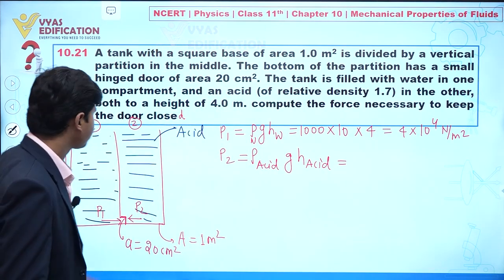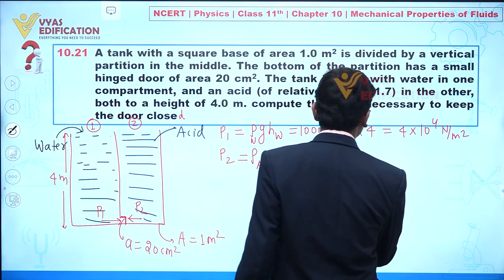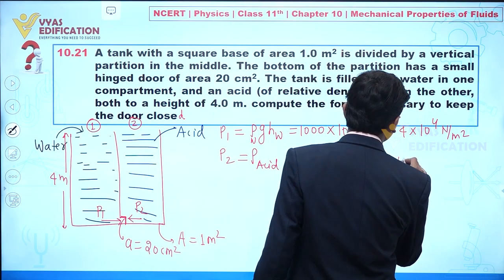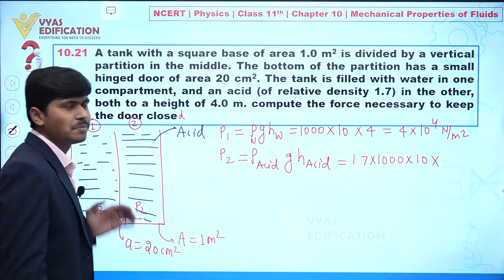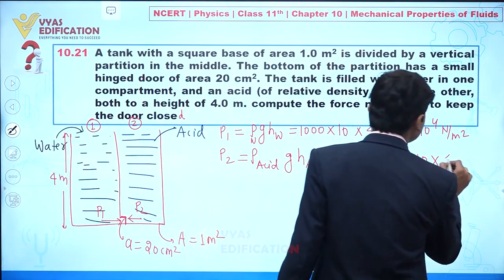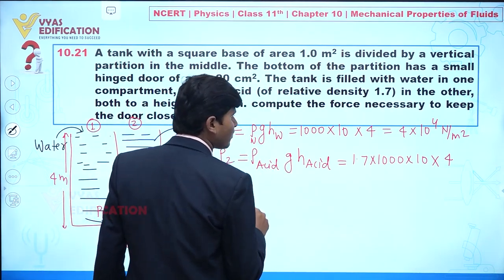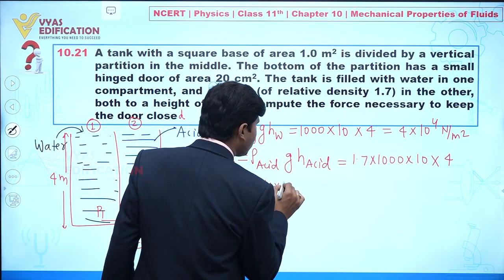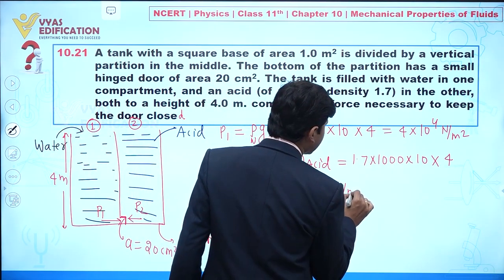The relative density is 1.7, so this is 1.7 into 1000 multiplied by g and by 4, since the height of water and acid are the same. So P2 is 4 into 10 to the power 4 into 1.7 Newton per meter square.